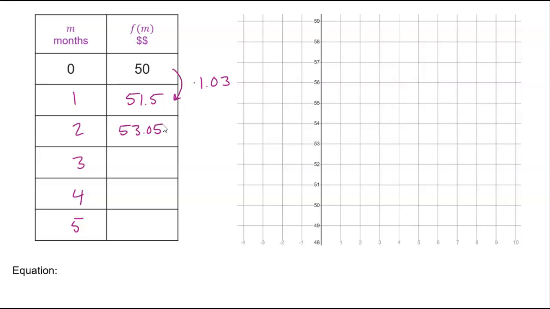So 53.05 times 1.03, I get 54.64. 54.64 times 1.03, I get 56.28, and then 56.28 times 1.03, I get 57.97. So remember here we just multiplied by 1.03 each time.